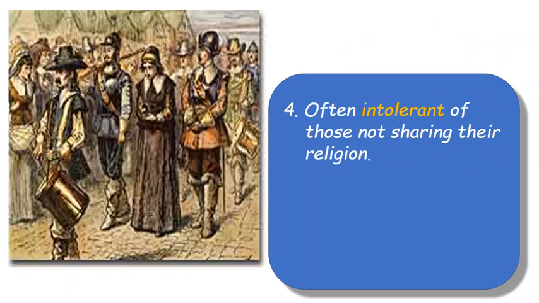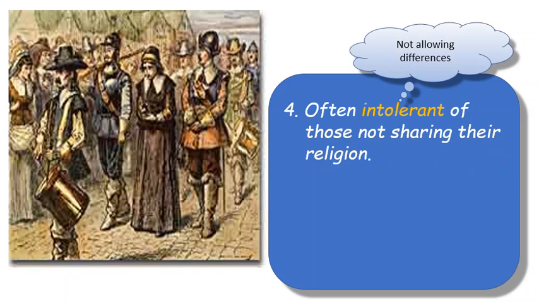Despite all this, the Puritans in the New England colonies tended to be intolerant of those not sharing their religion, meaning they didn't allow for differences and they treated any kind of dissent very harshly. In fact, a lot of the colonies were founded by dissenters in New England, Puritans who dissented with other Puritans in Massachusetts, went on to found Rhode Island and Connecticut.